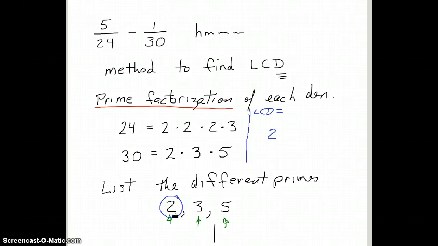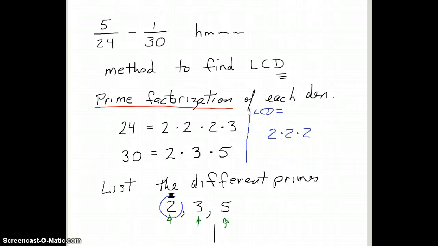I'm going to take it the most it occurs in any denominator. So 2 occurs 3 times in 24, and it occurs once in 30. So I'm going to take it 3 times. I'm basically going to take 2 times 2 times 2 and say that's at least part of my least common denominator. Alright, so we've got the 2's.